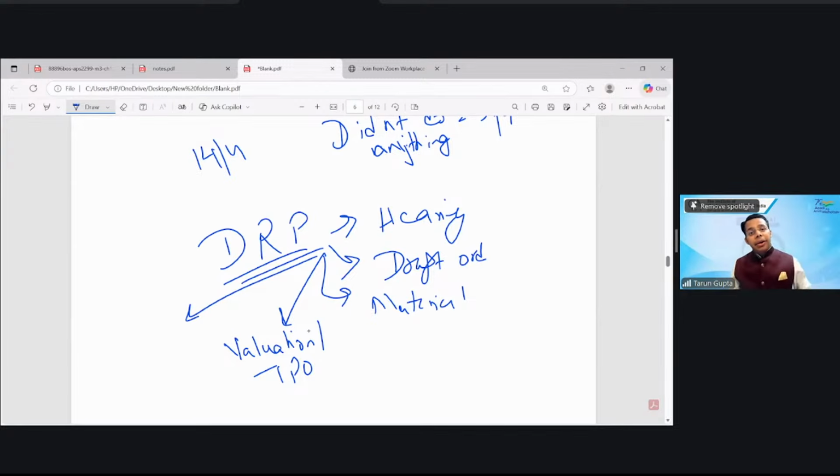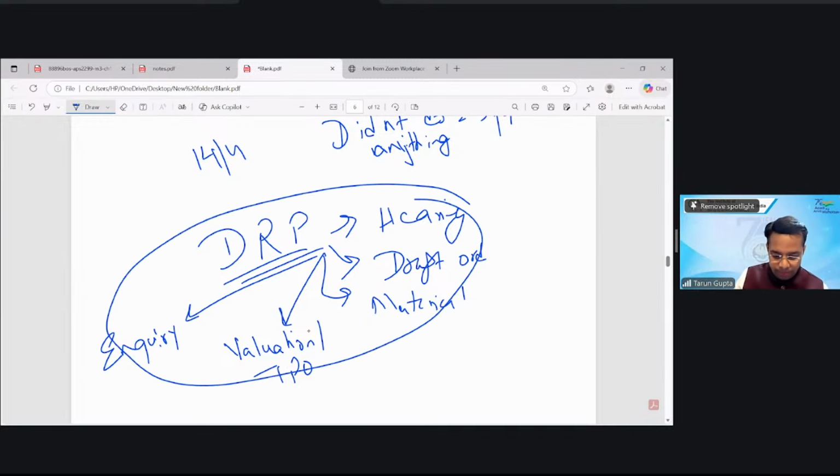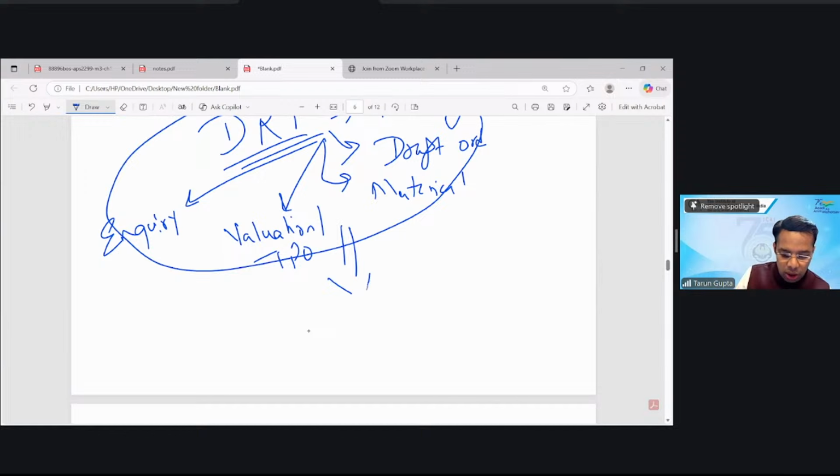The DRP can make inquiries independently or may ask any officer to make inquiries on its behalf. So he may seek any information or may ask any officer to seek the information. So relying on all this material, the DRP will issue a direction.